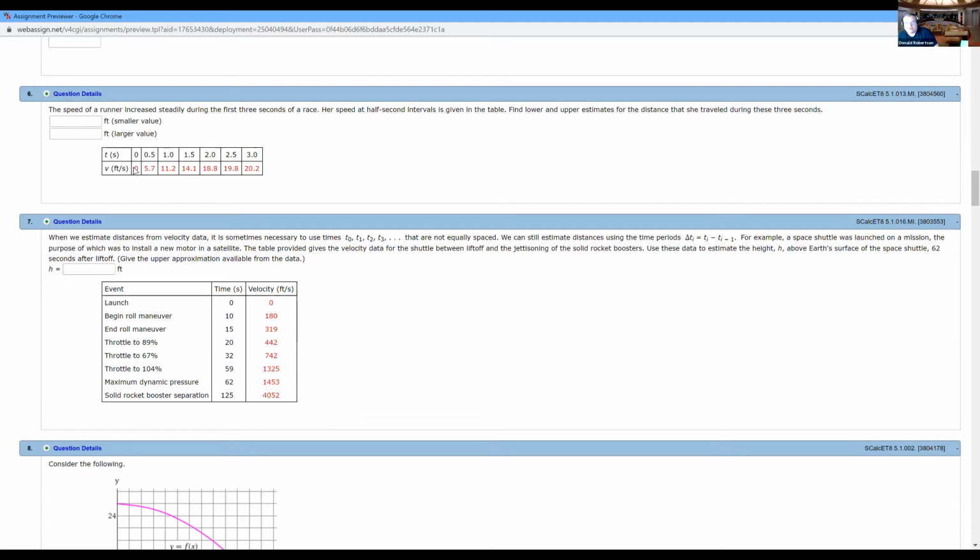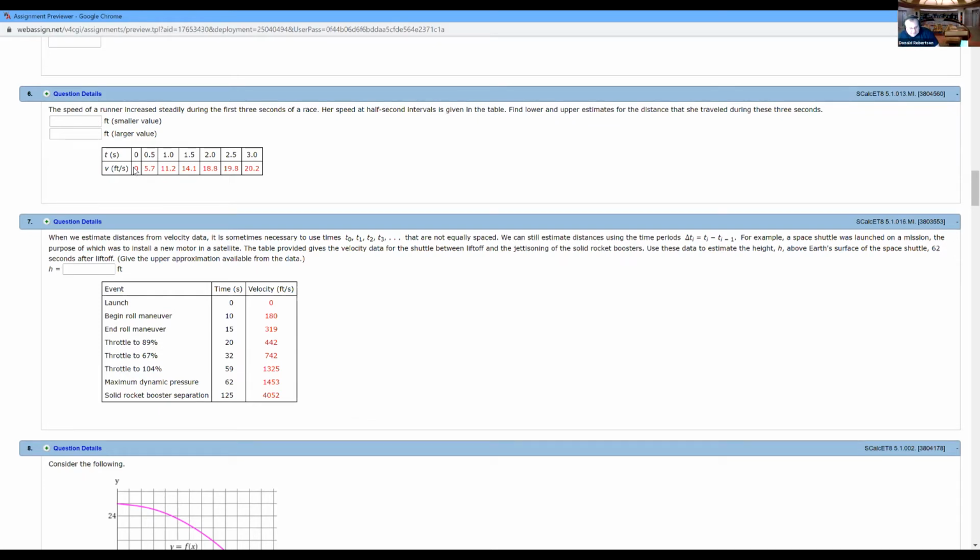Now, have you noticed that they don't say at the top, find L5, find R5? They just say find smallest and largest. Isn't this table increasing values? So won't the big answer be the R5 in this case, and won't the small answer be the L5 value?